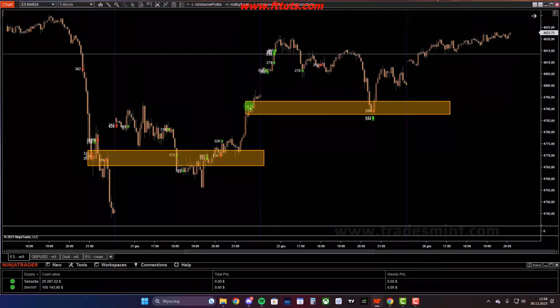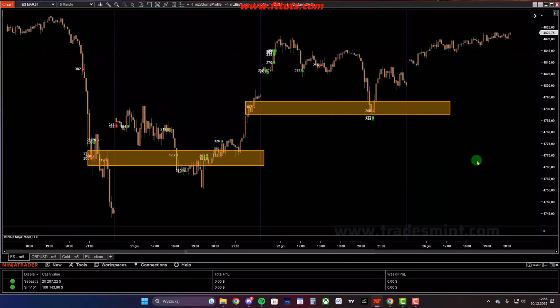Yes, because when the New York session stock market opened, the price was the same as here, above that sellers' area. So there is a high probability that the price will move down, just to fill the gap and to close the failed position at break even.